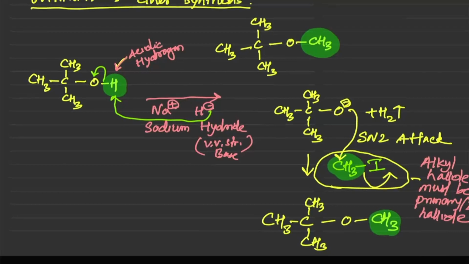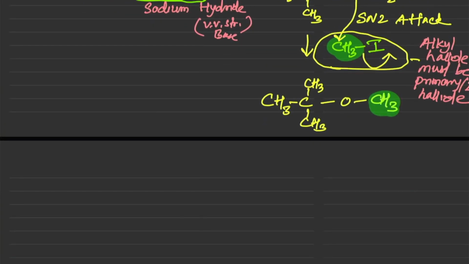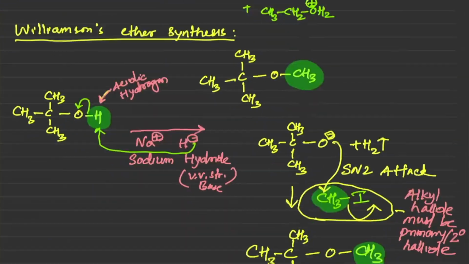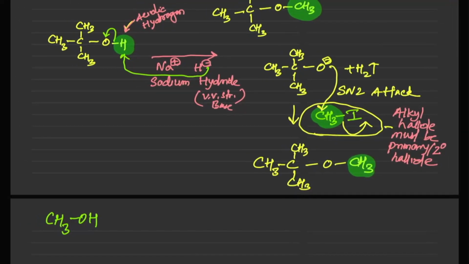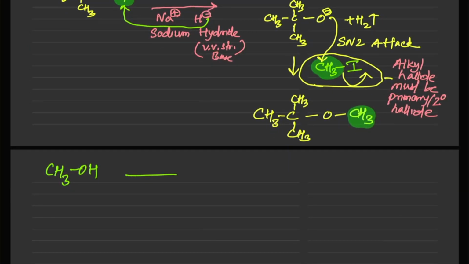So let's say if I try to flip it, okay? What if I flip it in the other direction? Let's say I start with CH3OH. Instead of starting with this butyl alcohol, if I try to flip it, I use the same sodium hydride.